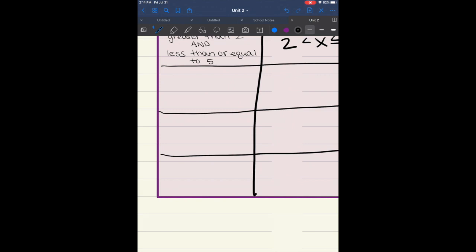So here's another example of an and. This one says all real numbers greater than or equal to -2 and less than or equal to 3. So this is another and. Our smallest number is going to be -2 and our biggest number is going to be 3. So pay attention to where those go whenever we write them as an algebra statement.